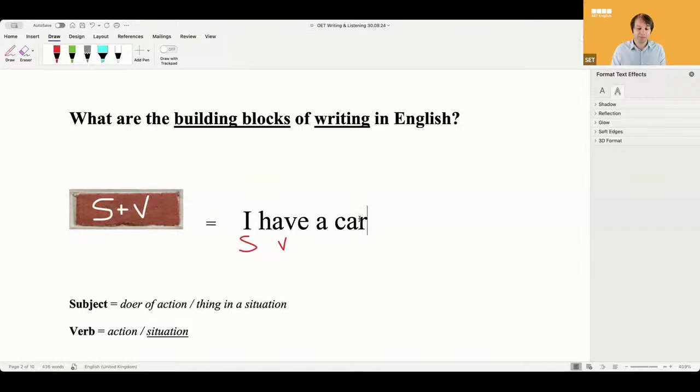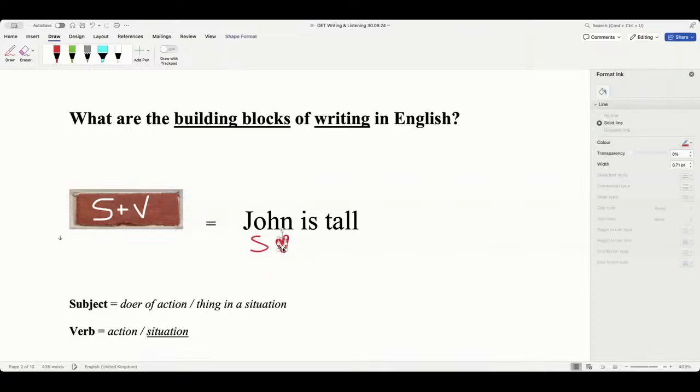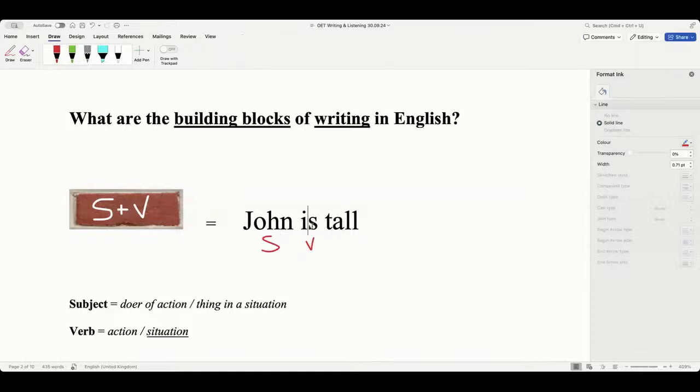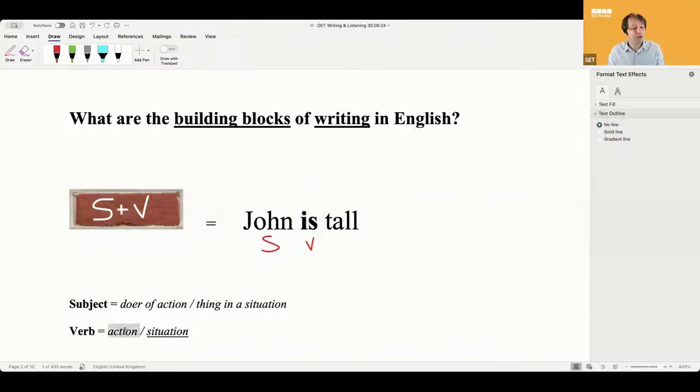Okay, what if we say, John is tall, and I want to speak to Angela. If you could say hello. Carmen, if you could say hello. Yes. Where's the subject here in this sentence? John. And where's the verb? Is. Okay, so is this verb an action or a situation? Situation. Is she right, guys? Yes. This would be a situation.